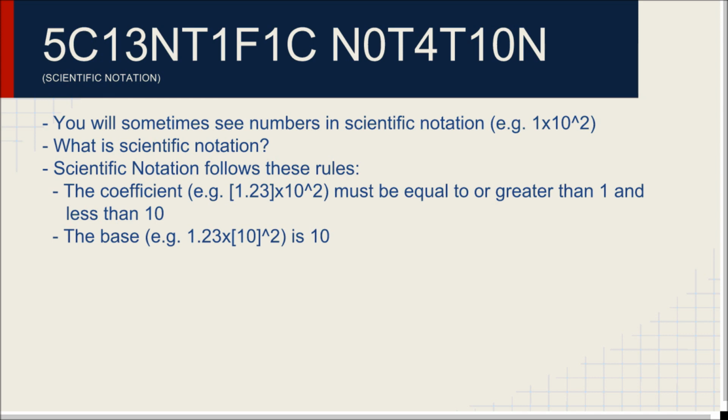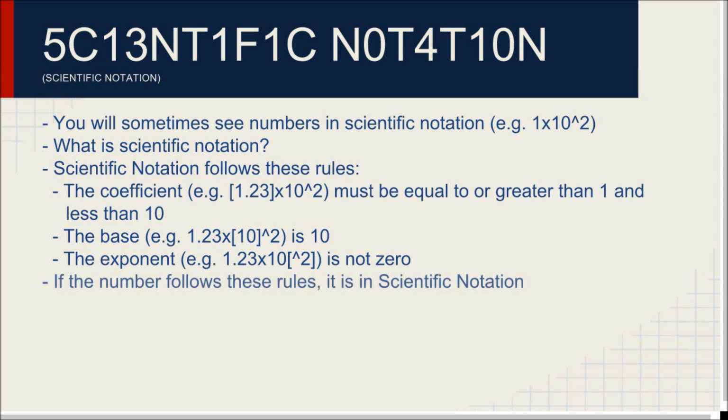The base, which is the number that you add the exponent to, must be 10. And the exponent is not 0. If the number follows all these, then it is scientific notation.